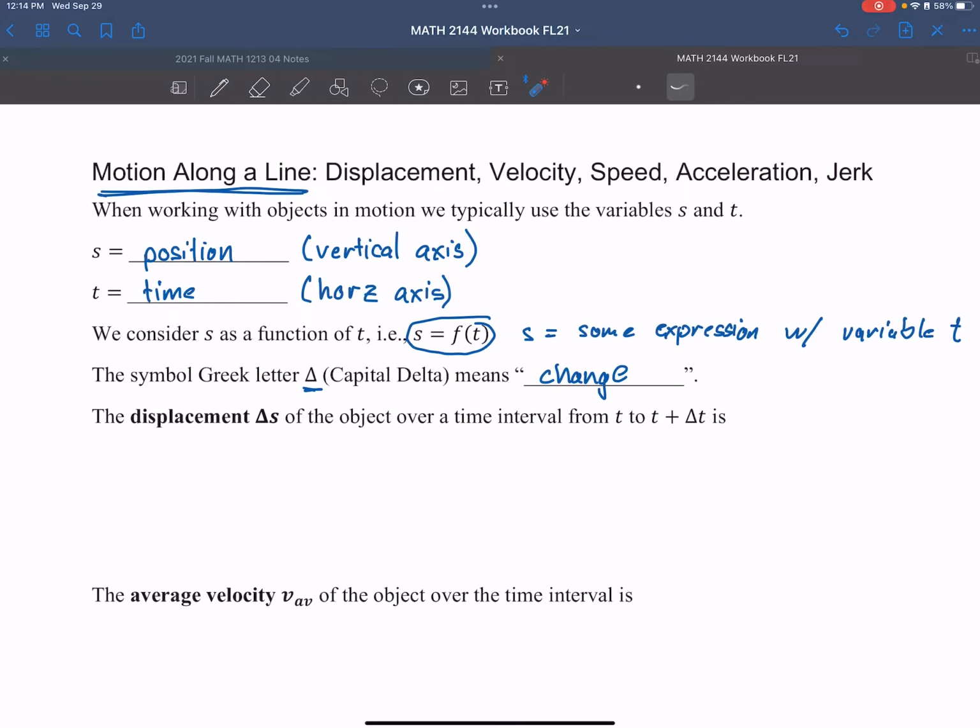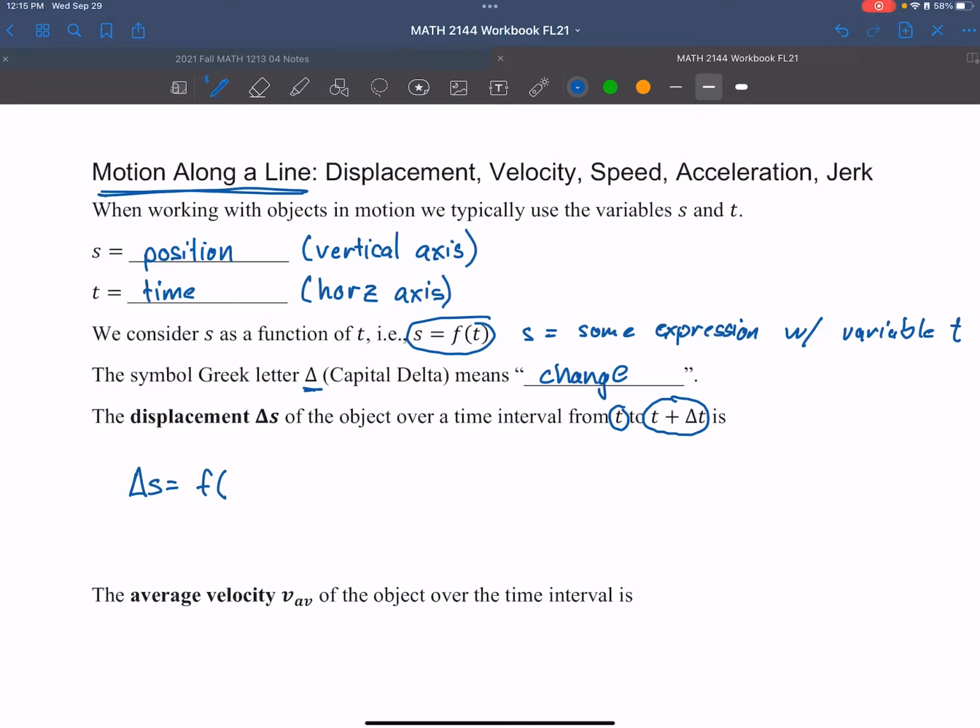How do we capture that in terms of a function? Well, delta s, the displacement, is just where the object ended up. So we have t, and then some time change, so t plus some change in time.